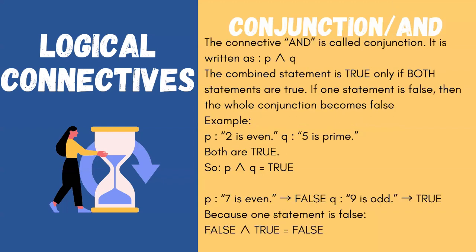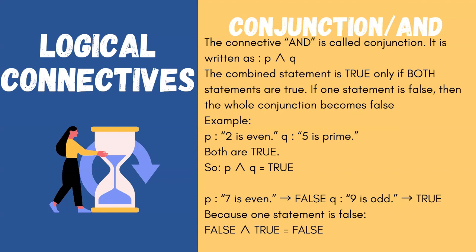The connective "and" is called conjunction. It is written as P and Q. The symbol is like on the screen. The combined statement is true only if both statements are true. If one statement is false, then the whole conjunction becomes false.